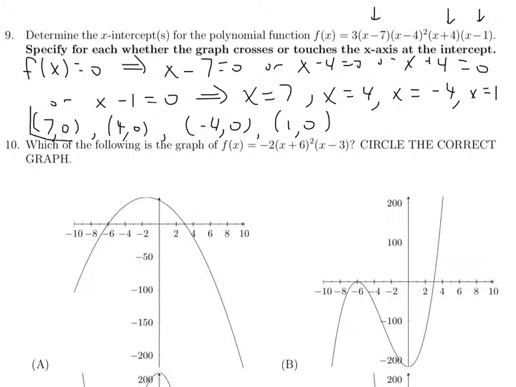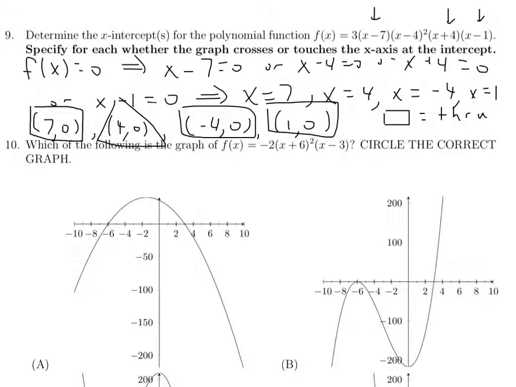That this intercept, and this intercept, for those the graph passes through the x-axis. For the other one, this one has an even power for its multiplicity, and so at that x-intercept, we just touch the axis.